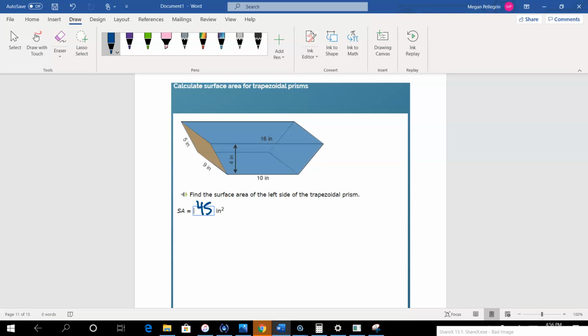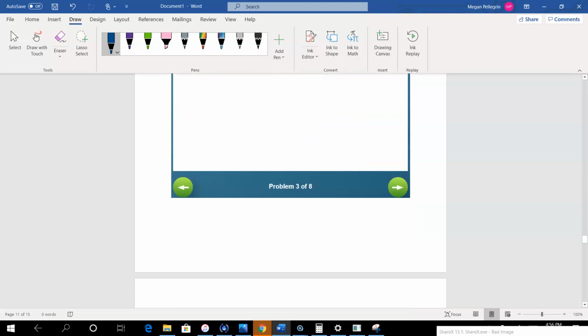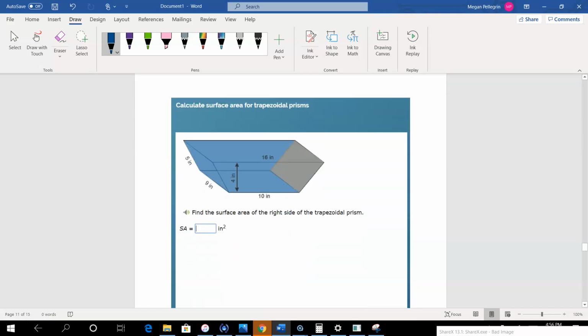So the left side is 45 inches squared. And the right side, so if this is 9 inches, then this is 9 inches. If this is 5 inches, then if I come over here, this is also 5 inches. So this would also be 45 inches squared on the right side. So our right and our left side are the same.